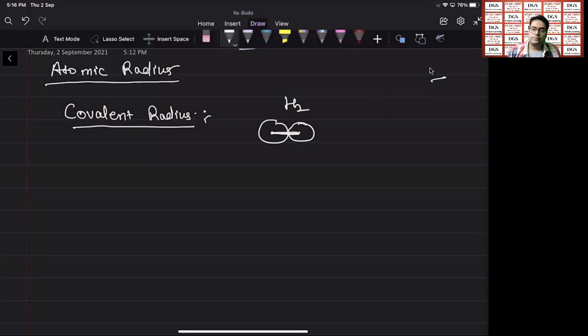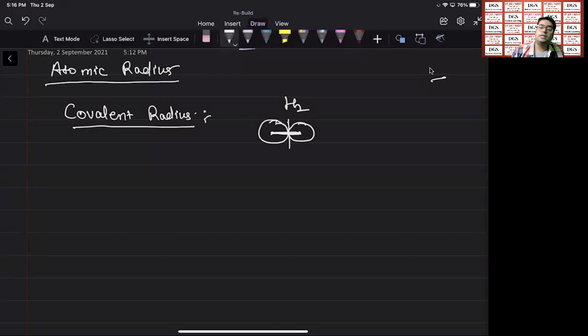So how can we find out this radius? Just imagine if we calculate this distance and multiply it by 1/2, it can be considered as the radius of this atom, isn't it?